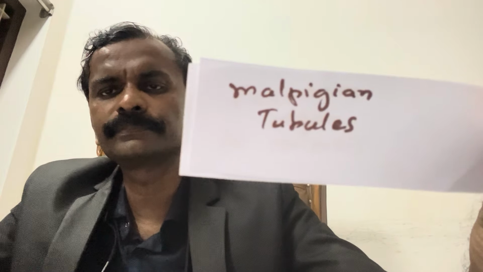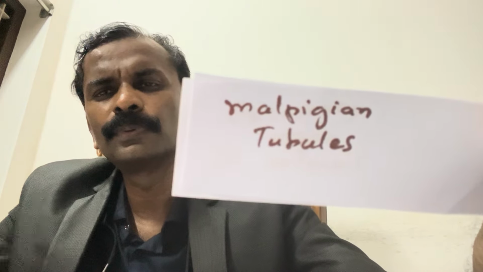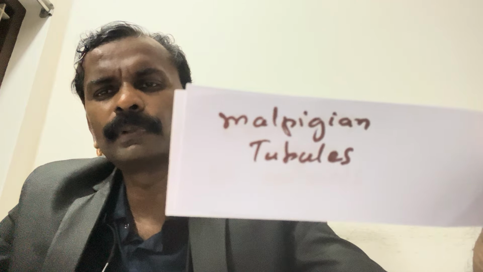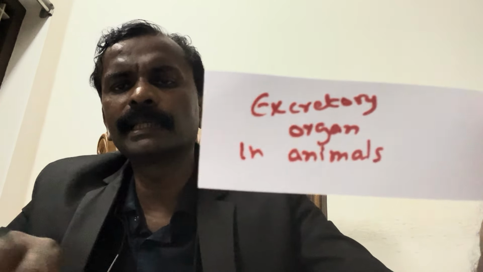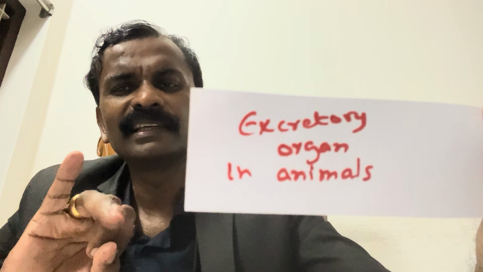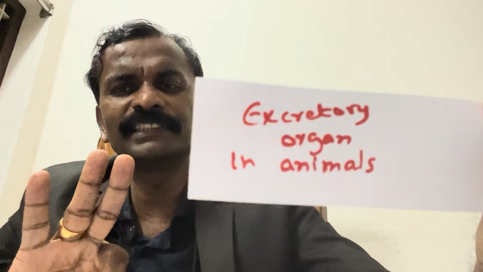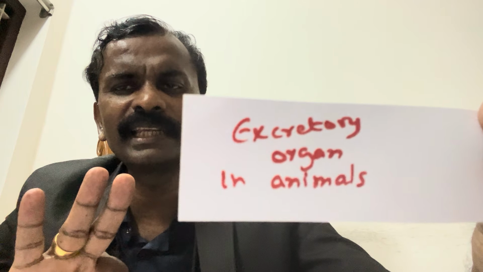Malpighian tubules. What is Malpighian tubule? It's an excretory organ in animals. 3 questions we studied. Green gland, nephridia and Malpighian tubules are the excretory organs in animals.